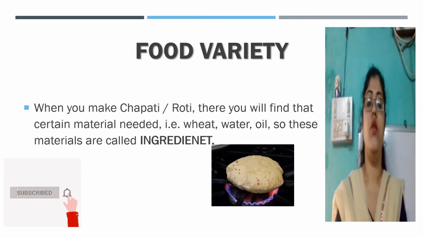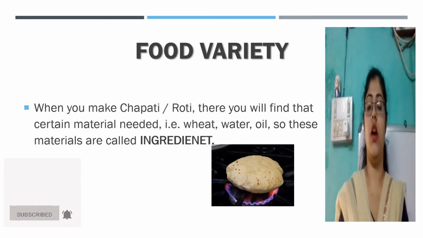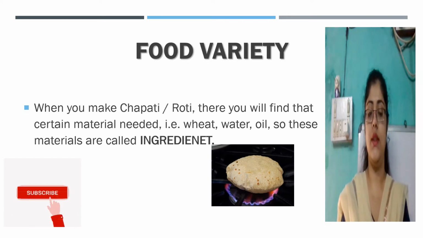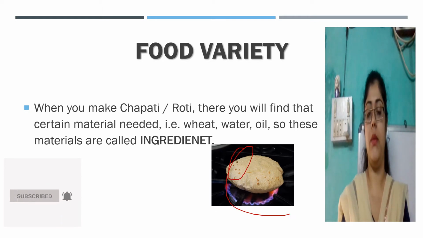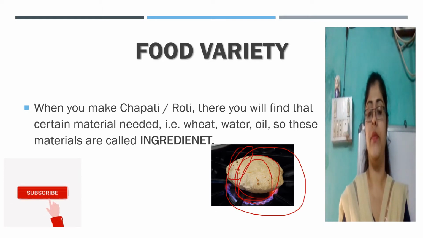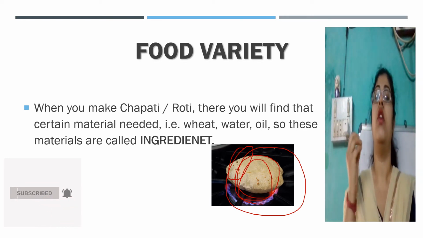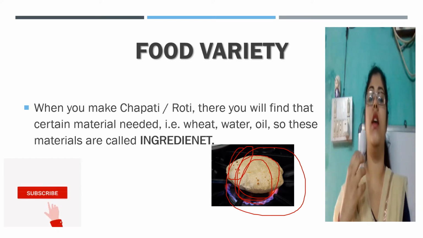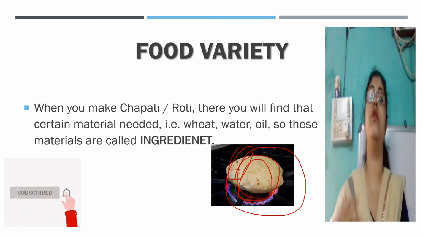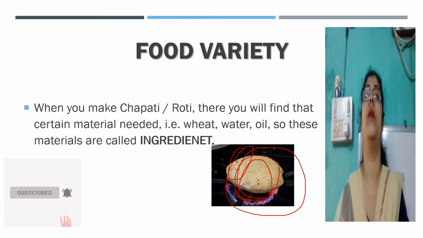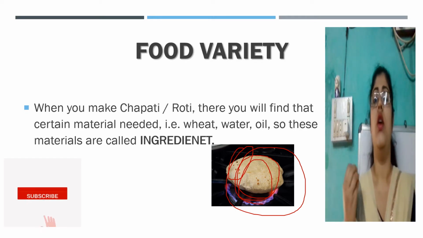Well, food variety. Now, if you can see this roti, you will be able to identify that a roti is made from some food sources that are required to make it, right?